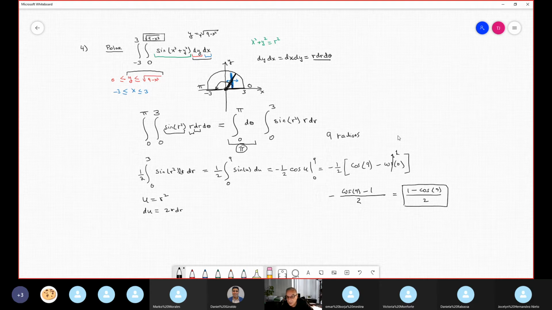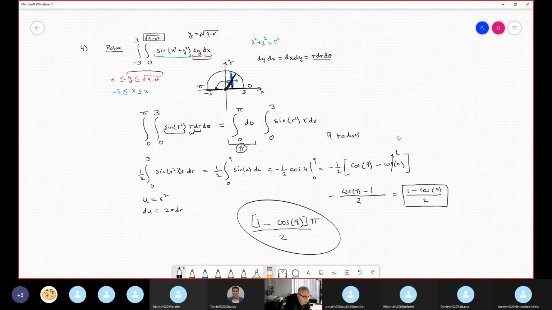Okay, so multiplication by pi. So it is 1 minus cosine 9 over 2, in parentheses or square brackets, more elegant, multiplied by pi. I forgot in my paper. This is the final answer, super final answer. Ah, no, I did it in my paper, yes. In my paper, I have multiplication by pi.